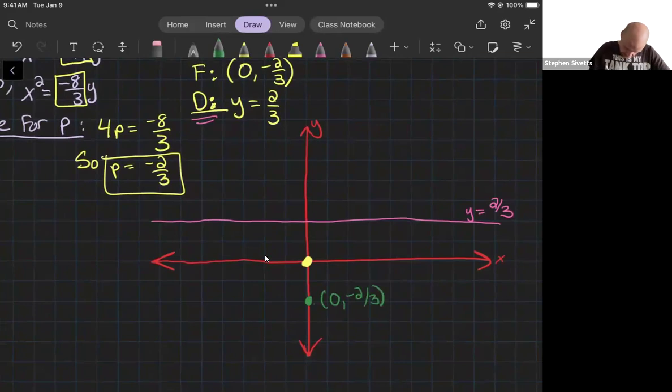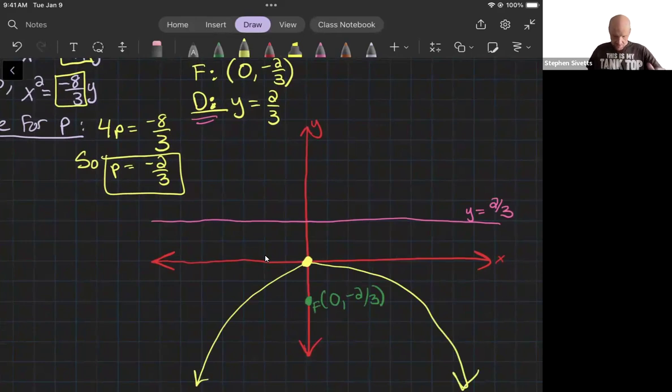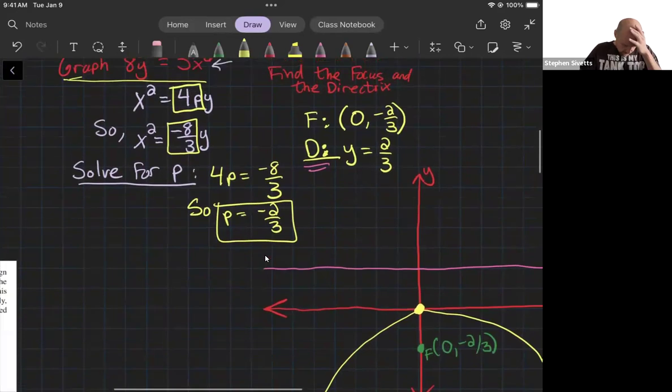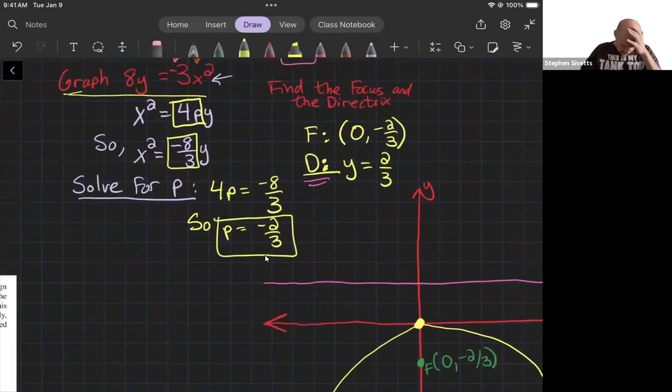And then you can sketch out roughly what this graph will look like, right? So I'm just looking at different notable points I can label out.